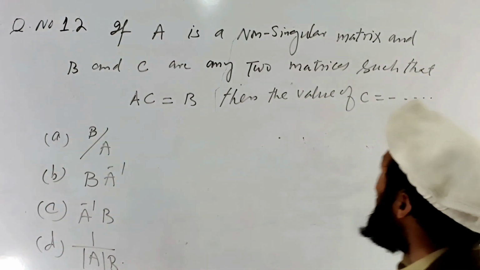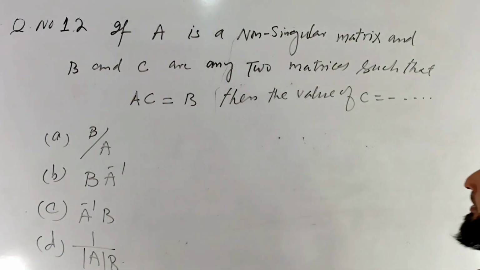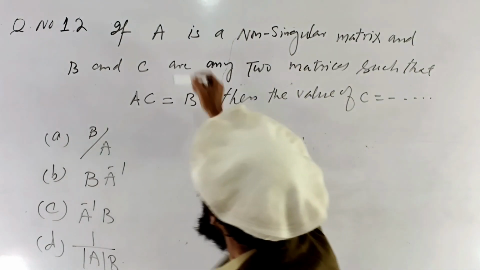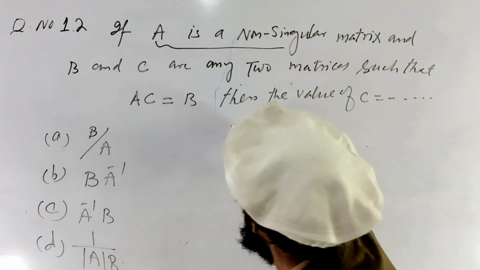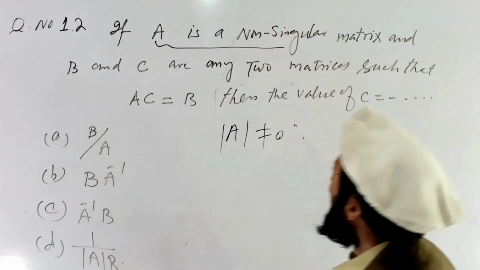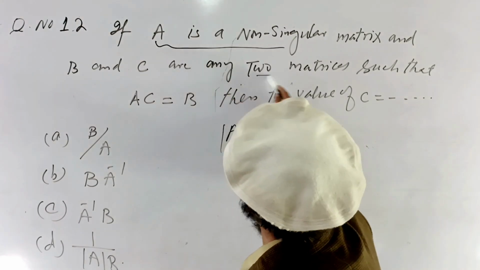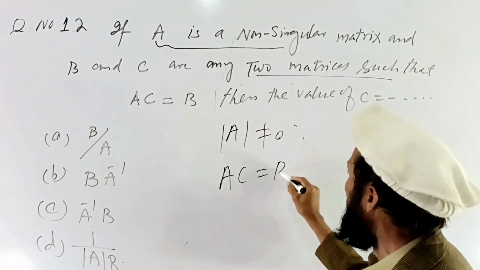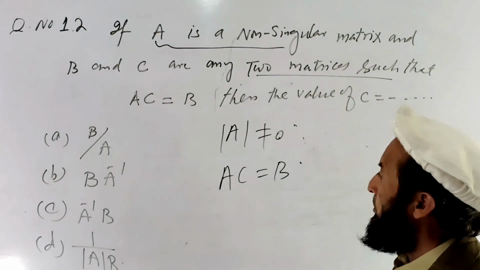According to the definition, A is a non-singular matrix here means that the determinant of A is not equal to 0. If B and C are two matrices such that AC is equal to B, then C is required.